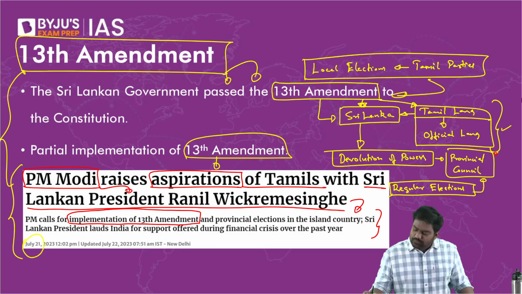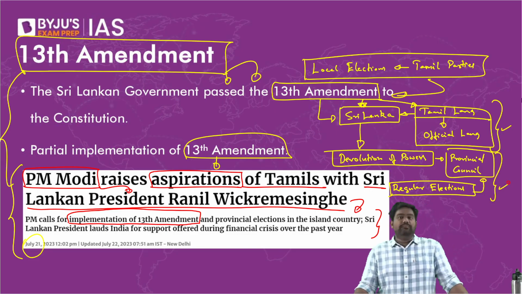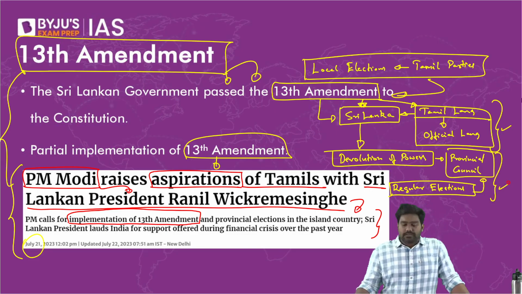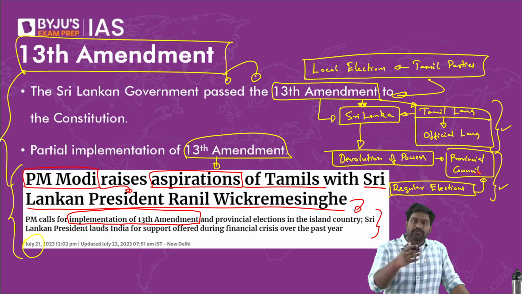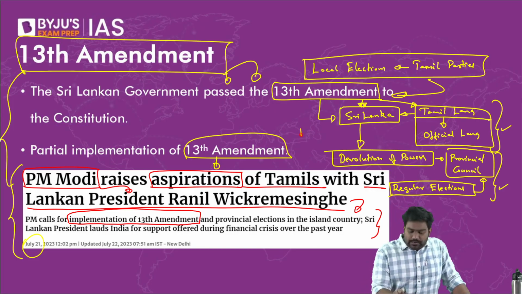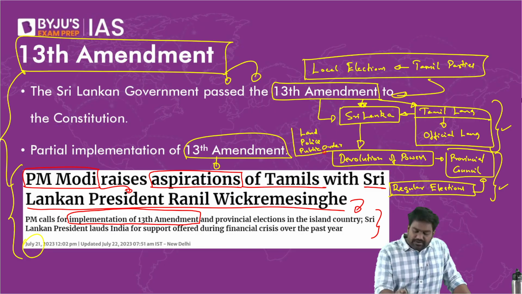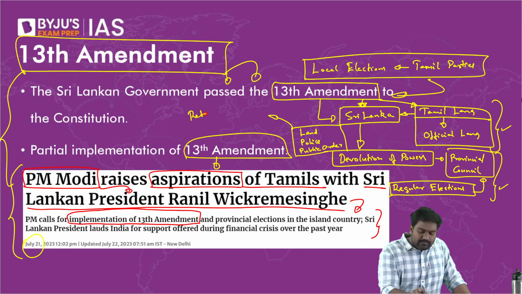But this has not been fully implemented in Sri Lanka. The powers that have been devolved have been very limited, especially key subjects like land, police, law and order, public order. These key subjects have been retained by the central government, by the Sri Lankan government itself.